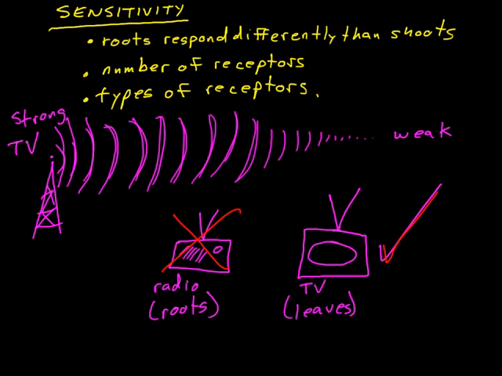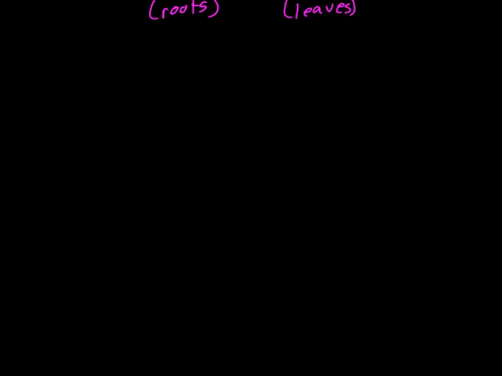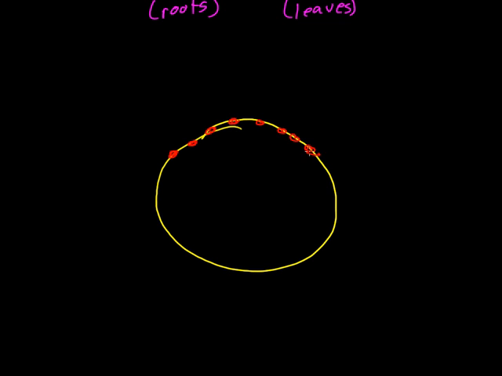Remember, these are not waves. These are chemical molecules that are moving around inside of plants. And so let's say we have a cell, and on the surface of that cell, and this is indeed how it actually works, we have receptors. Okay? We can draw some red receptors.